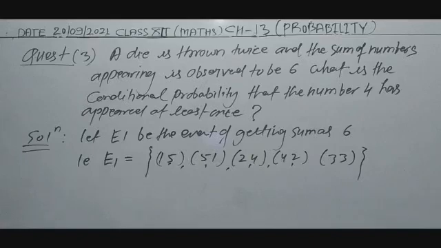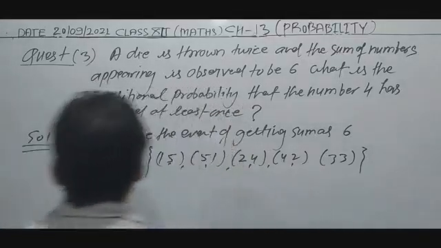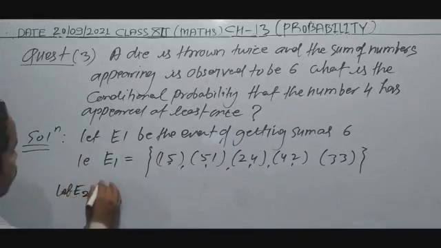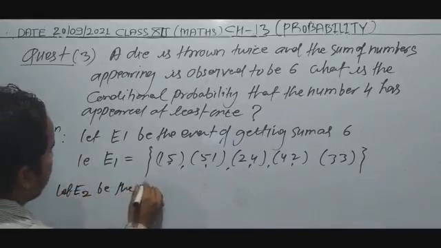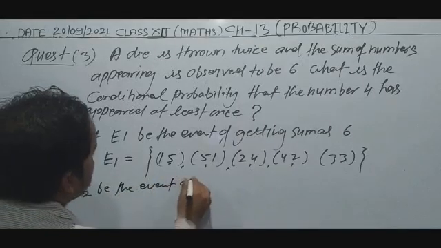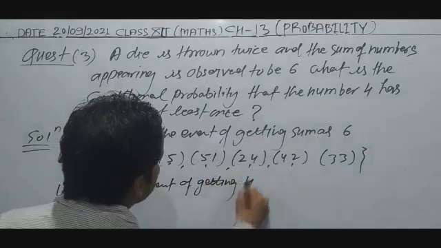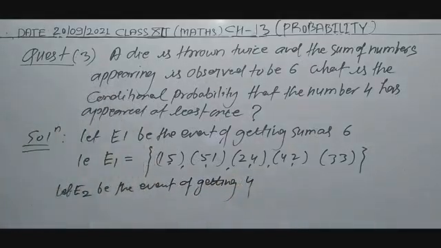Now let us consider E2. Let E2 be the event of getting 4. We have considered E2 as the event of getting 4.